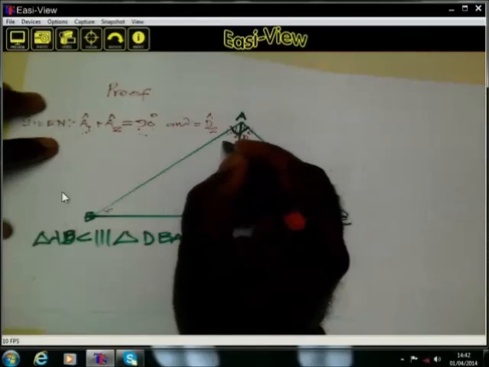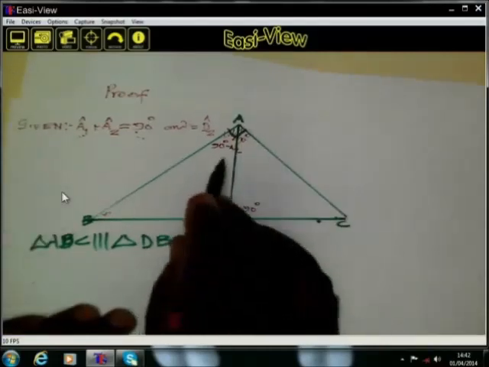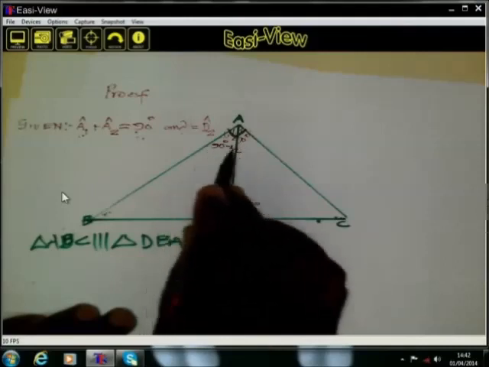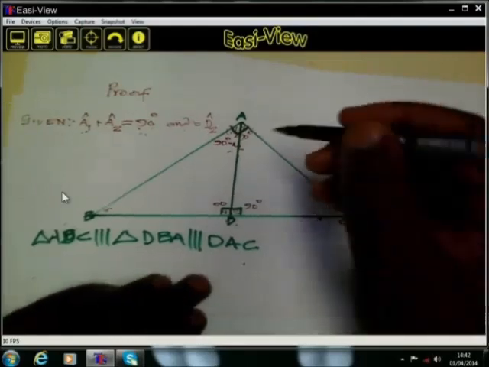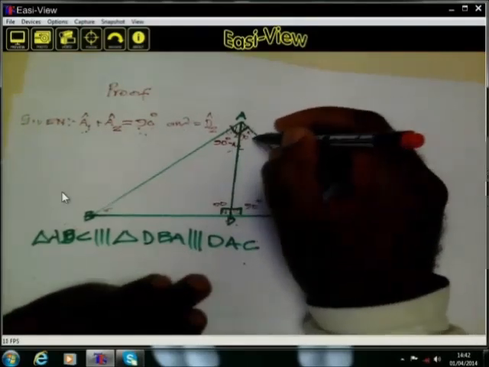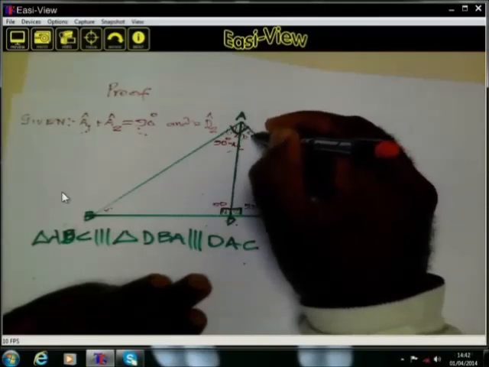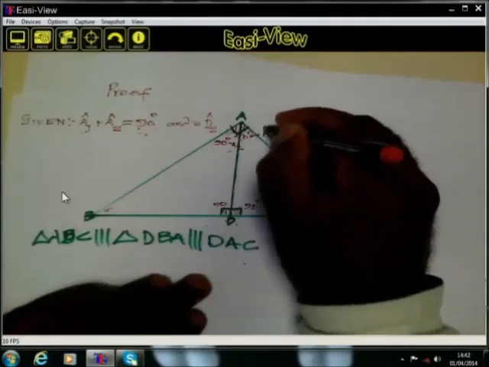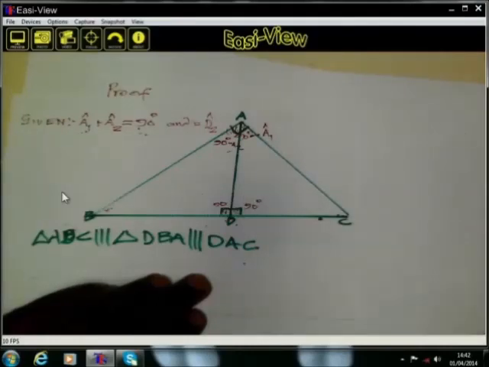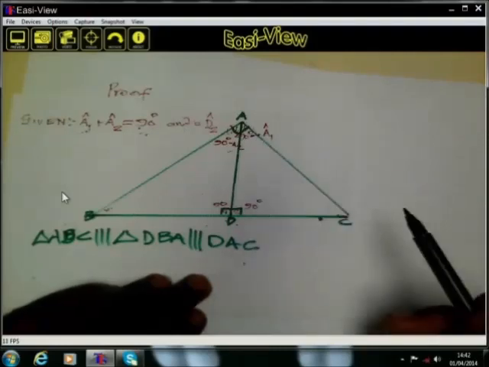It will be 90 minus A2, which I can always write as X. And also this one, D2 will be equal to A2, which will also be equal to 90 minus A1. Fine. Now remember, we say the sum of angles of a triangle must give us 180.